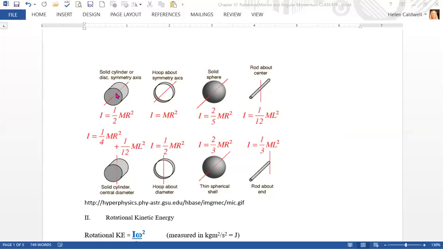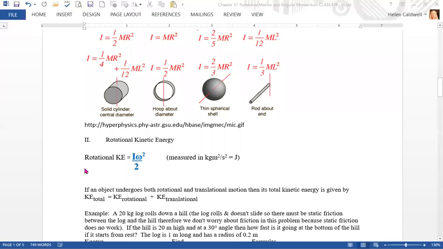And the solid cylinder is way more complicated, as you can see. All right, so how would we use any of this? Again, depending on the shape and how you're rotating it, you'd have to come back to the diagram to find the actual mathematical version of I, the moment of inertia.